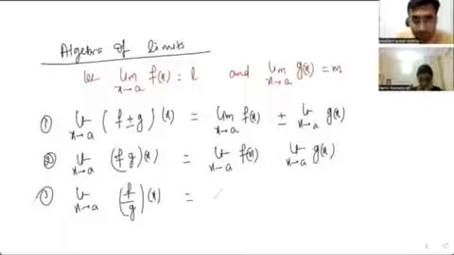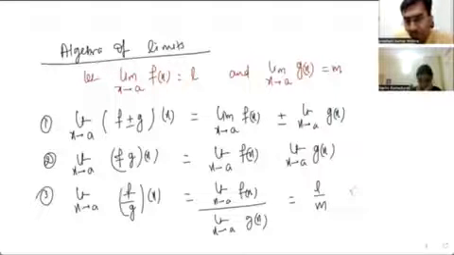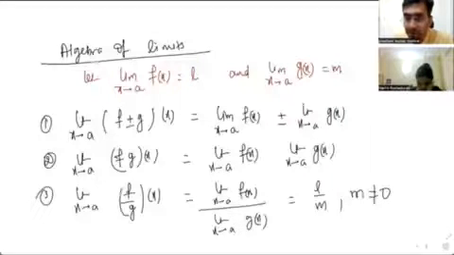They can be separated: L over m, you can write it like this way also, limit x tends to a f(x) divided by limit x tends to a g(x). L over m is the value, and m should not be 0. The denominator can never be 0. Noted. That's three conditions.